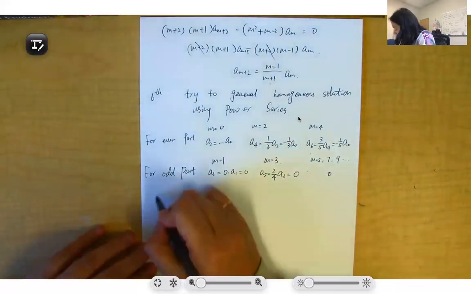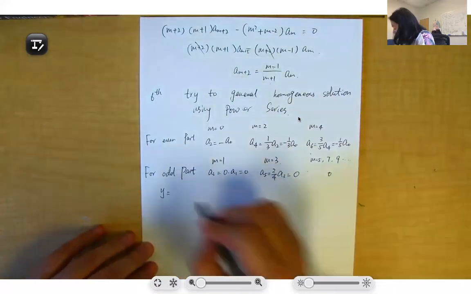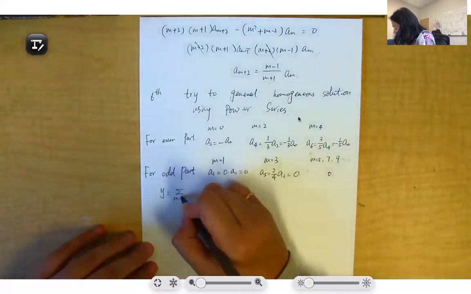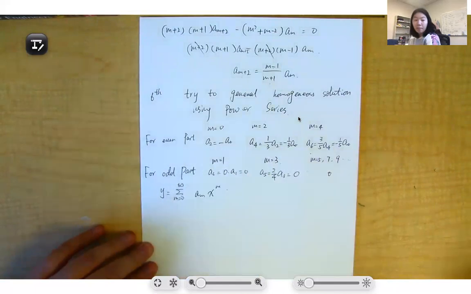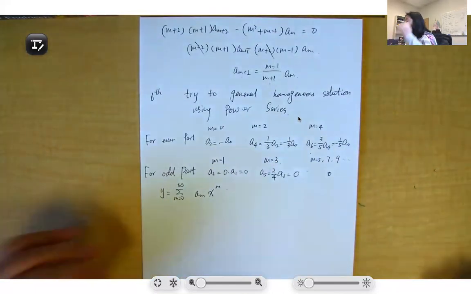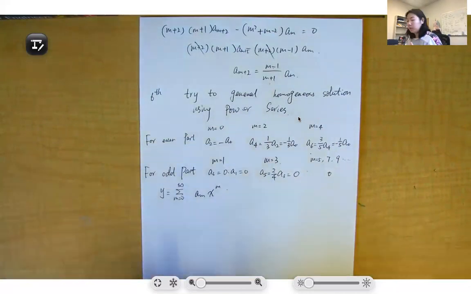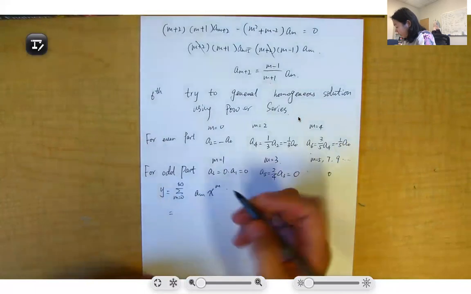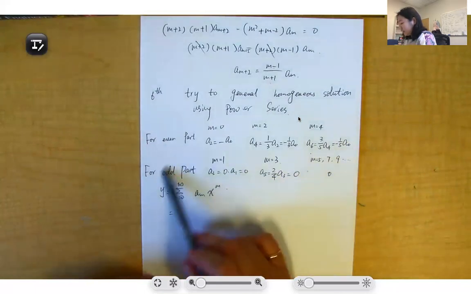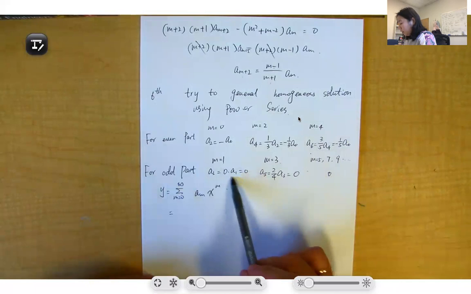Then our original form of the power series starts with the sum from m equals 0 to infinity of a_m times x to the m power. Then we can separate it into the odd part and the even part. The odd part is relatively easy.